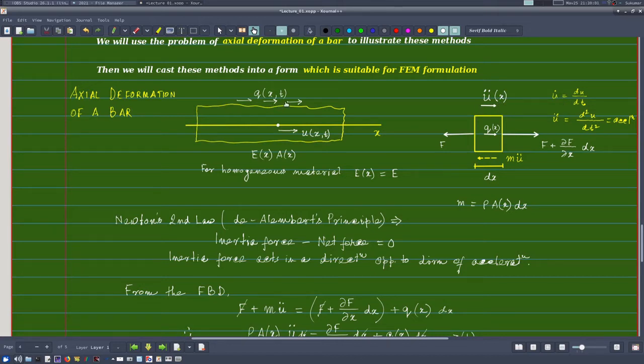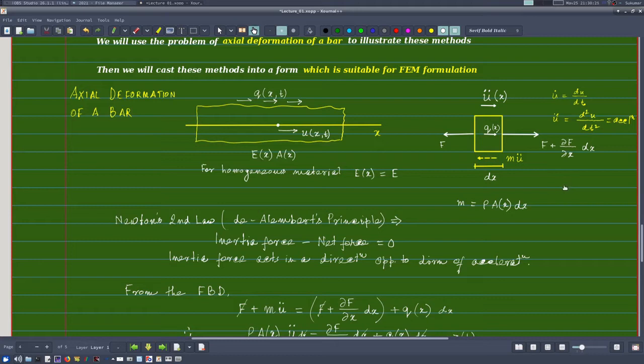Because u is a function of x and t, u double dot means double differentiation of u with respect to time. So the number of dots indicates the number of differentiations with respect to time. u dot means du/dt, and u double dot means d2u/dt2, which is nothing but our acceleration.